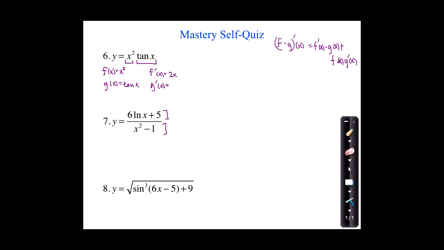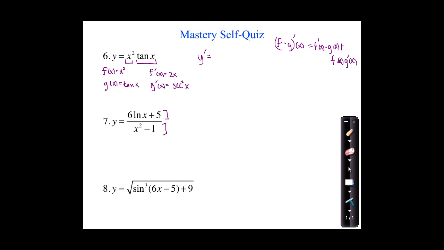So I need f's derivative and f's original, and g's derivative and g's original format from the two halves of the product. By the way, what is the derivative of tangent of x? Yeah, secant squared of x. So don't forget the x part of that. Also known as 1 over cosine squared of x. But the product rule then says that y prime, or dy dx here, would be, I'll just use this order, f prime times g.